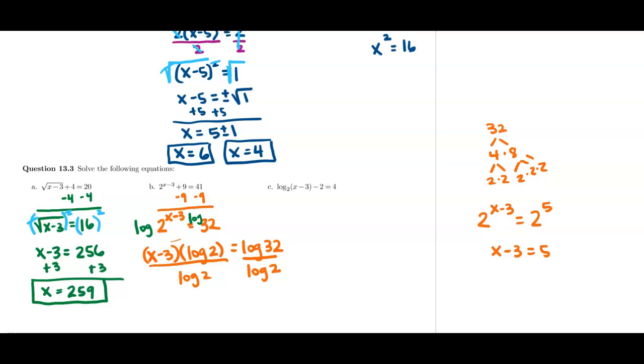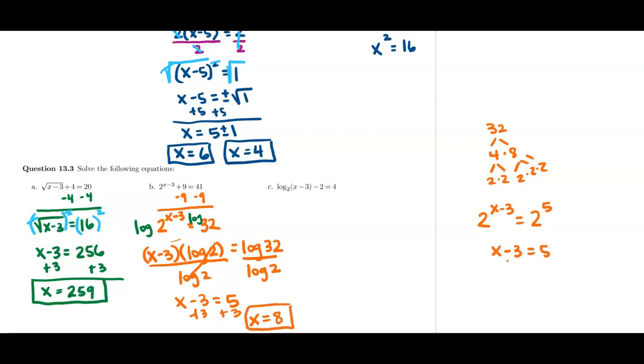So at this point, it becomes the same. So then you should get x minus 3 equals the log of 32 divided by the log of 2, which is just 5. And then we can add the 3 over. So x equals 8 on this one.